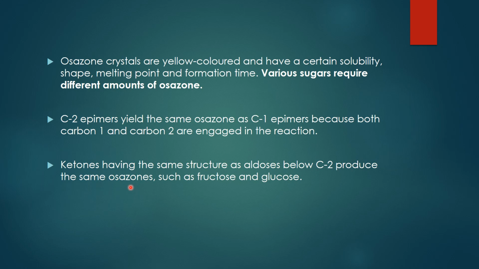Because the other carbons in the sugar below C2, like carbon 3, 4, 5, and 6, all have the same structure between ketoses and aldoses, like fructose and glucose.